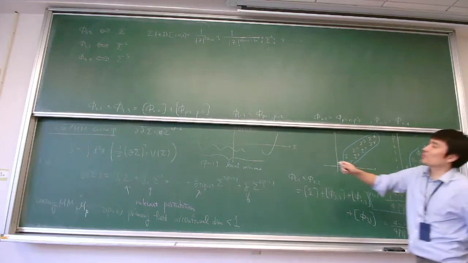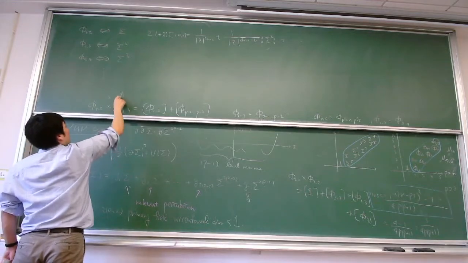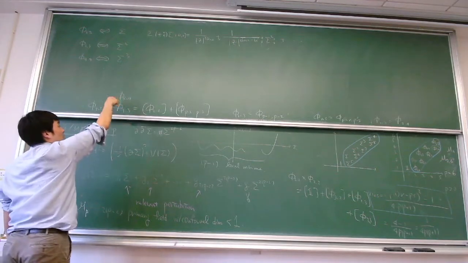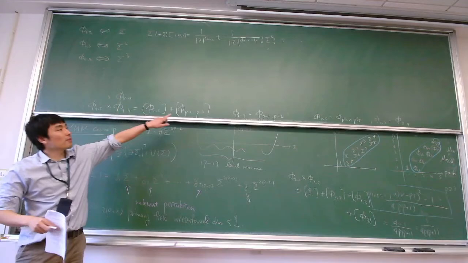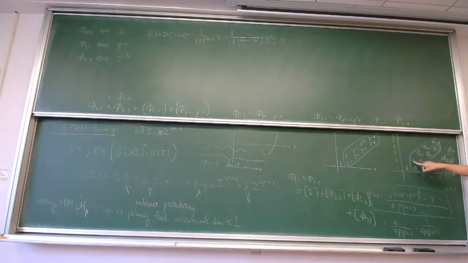So if you take phi 2 and this, which is equivalent to 5,5,4, it's the same thing, you get phi 2 and phi p minus 2. Which means that if you take the fusion of this and this one, you come back to this one.